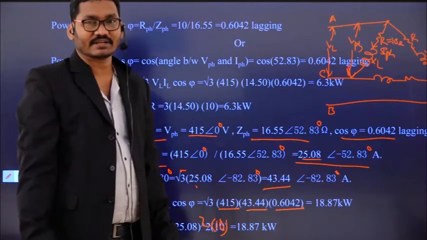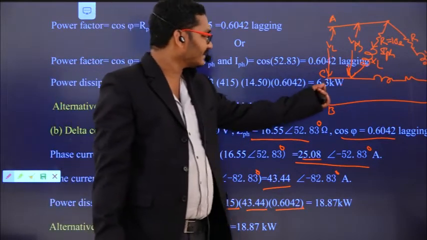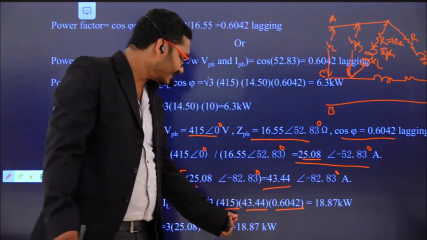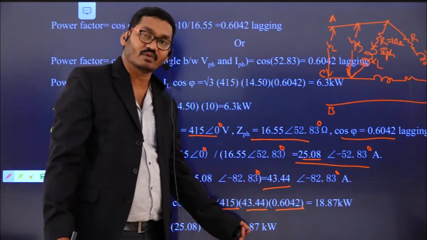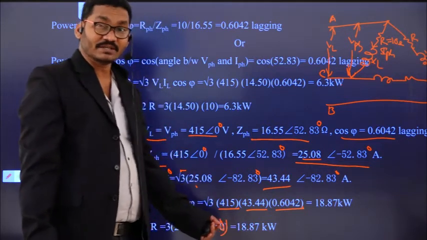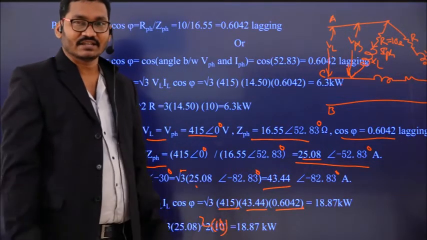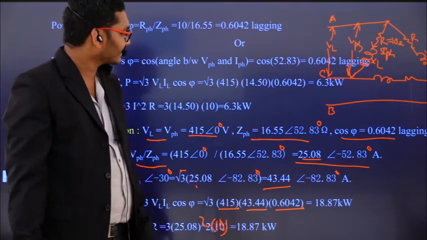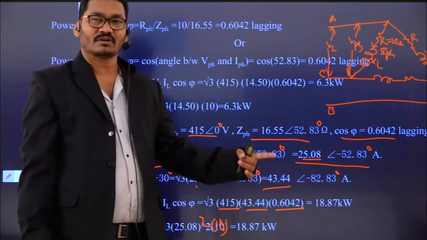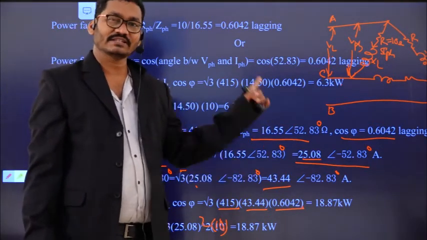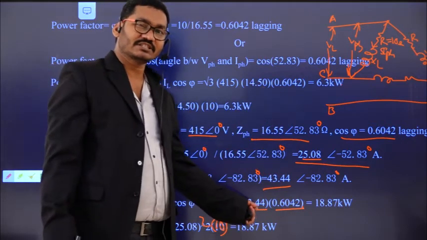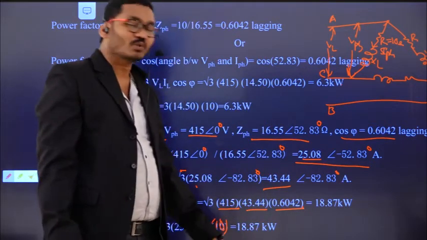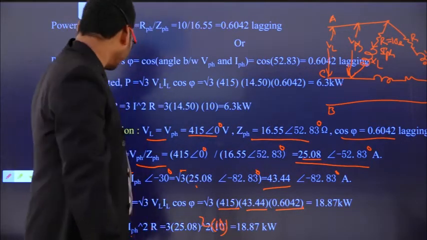If you have 3 windings connected in star, you get 6.3 kilowatts. Remove the connection and connect in delta, and the power dissipation you get is 18.87 kilowatts.